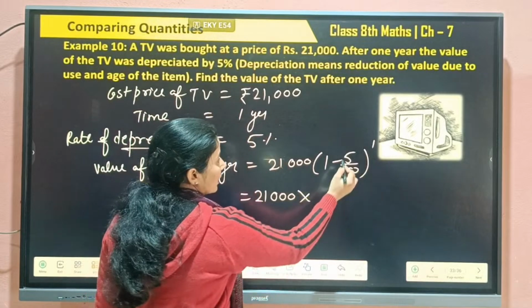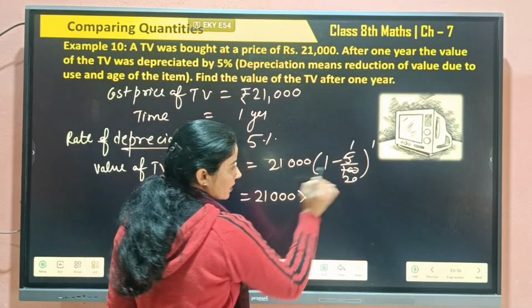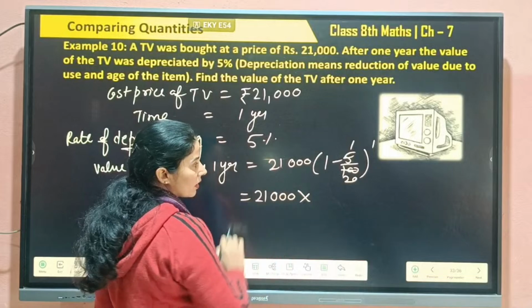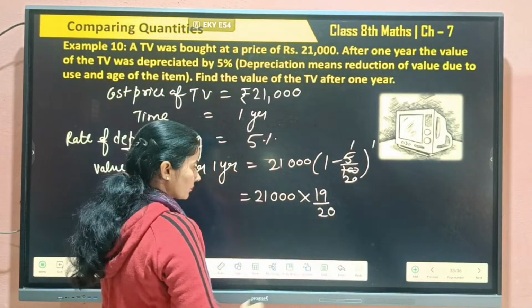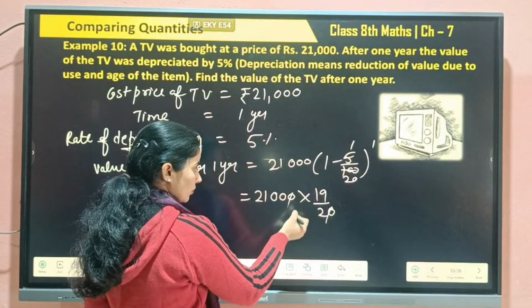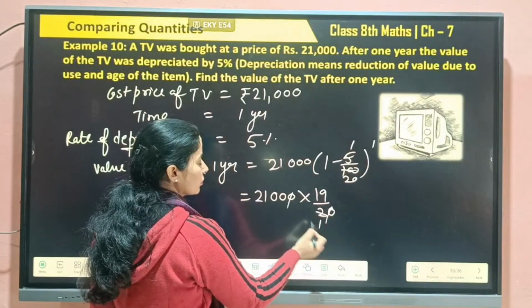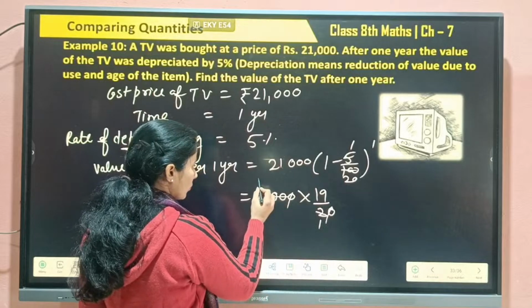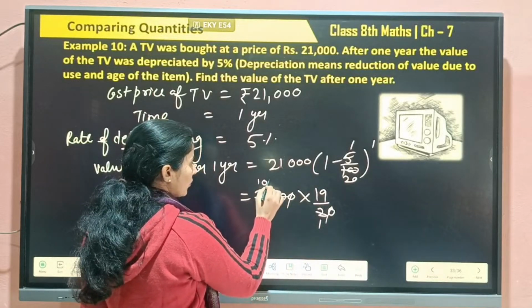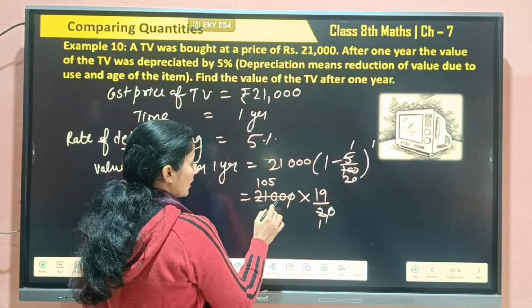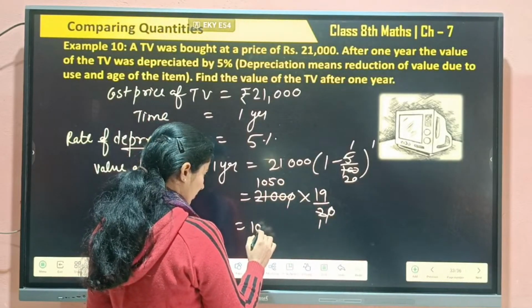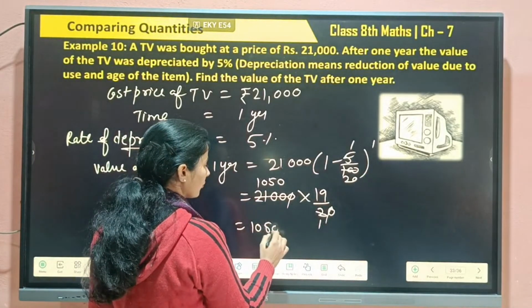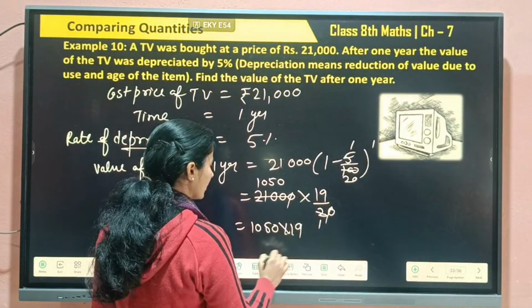21,000 into, 5 is 5, 5 20s are 100, so 1 over 20, and minus 1. It is 19 by 20. This 0 and 0 will be cancelled. Divide by 2, 2 ones are 2, 0, 2 5s are 10 and this 0 as it is. It is 1050 into 19.